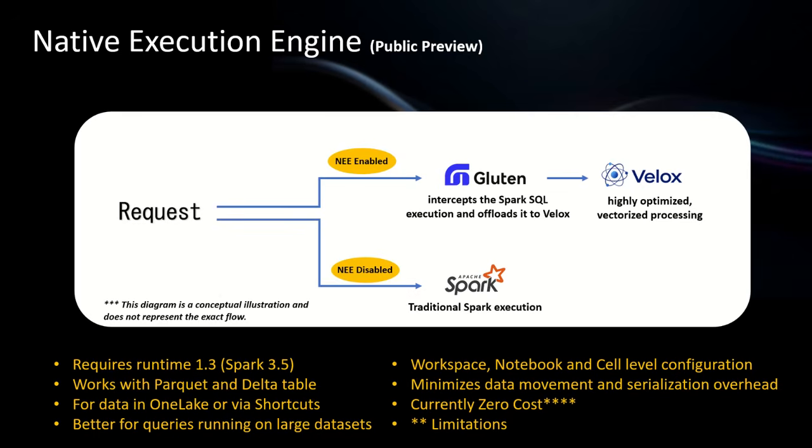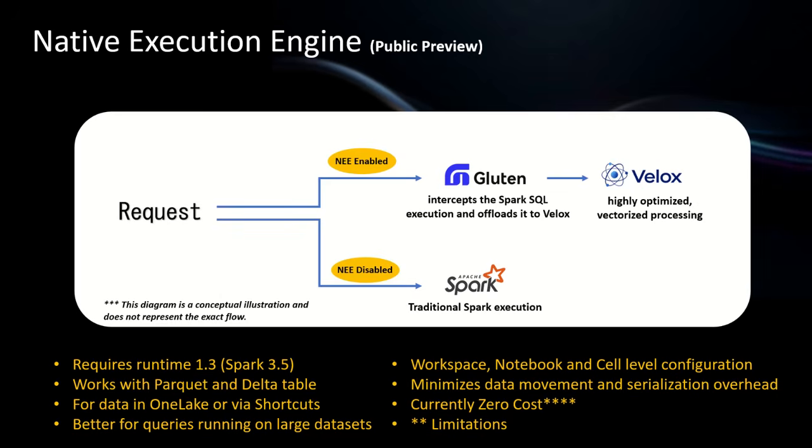Now, why would you go for cell level? The reason is, let's say you have a notebook with multiple cells, and one cell contains a set of code which is not really good for the native execution engine. But the second cell contains code that you believe will benefit from the native execution engine. In that case, when it comes to the second cell, you have a Spark configuration statement.